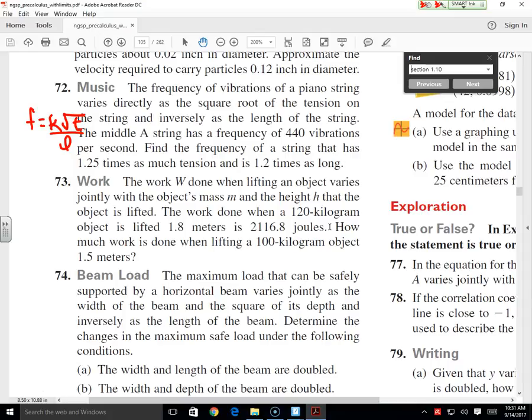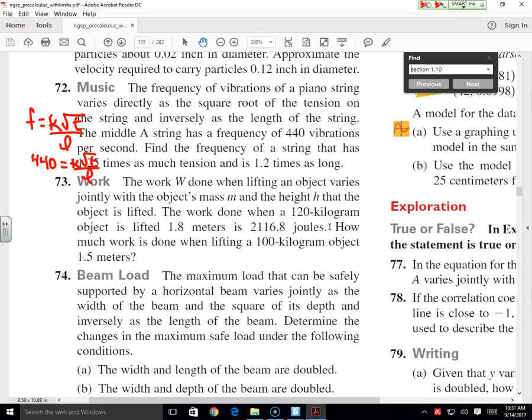So I could say 440 equals K times his tension over his length. But then all of a sudden we're talking about somebody else. Find the frequency of a string that has 1.25 times as much tension.